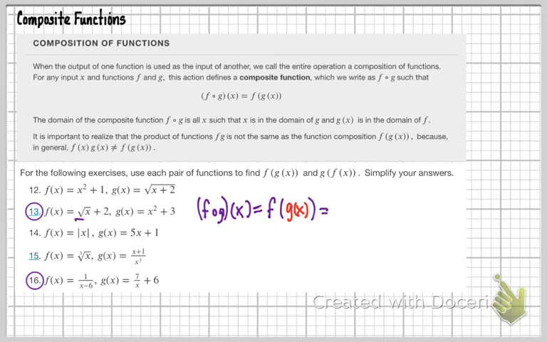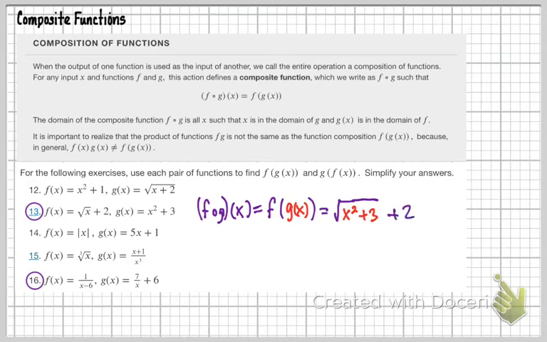So I'm going to take the f function. I have a square root, and anytime I see an x is when I'm going to plug in g of x. So I see an x in there, and I'm going to plug in g of x, which is x squared plus 3, which means I didn't extend this square root far enough. So there it is, and then I have a plus 2.